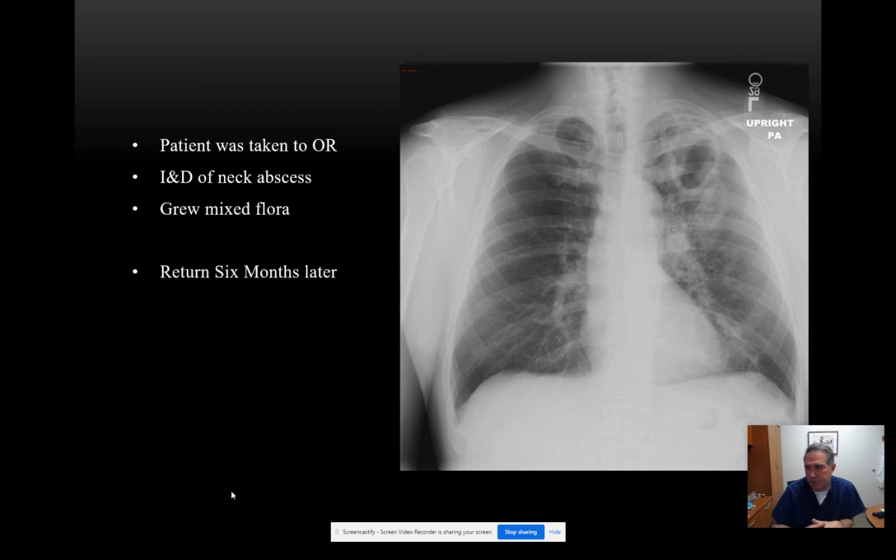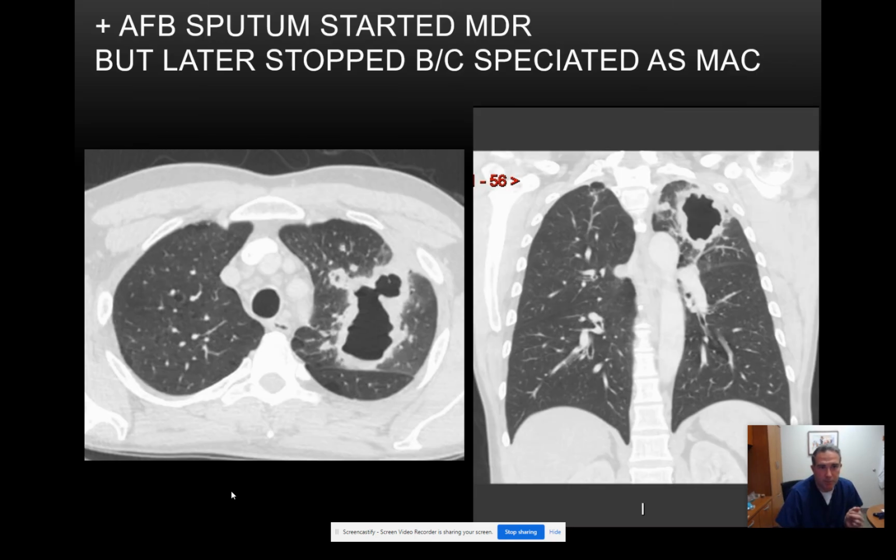And then 6 months later, patient came back and had this chest x-ray where they didn't have these cavitary lesions in the upper lobes prior. Patient had an AFB positive sputum, so they started multi-drug treatment, but then it later, thankfully, speciated as MAC. So they were able to stop that and treat it differently.